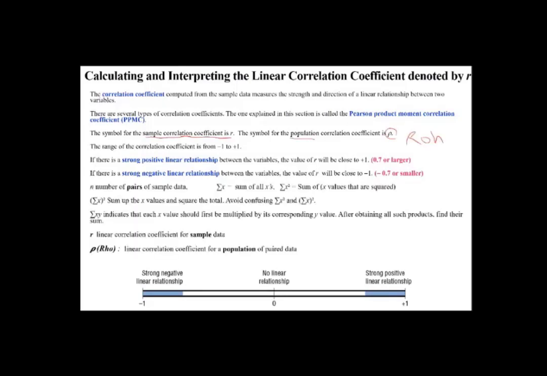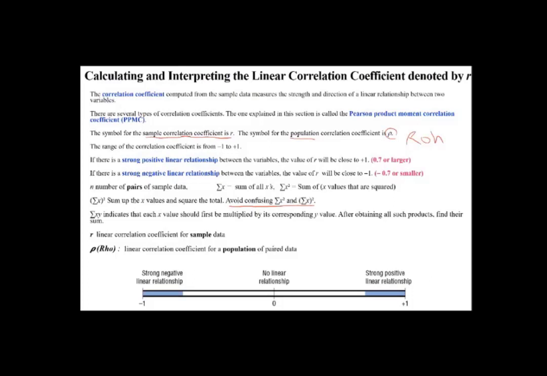These are just symbols. n is the number of pairs, summation of x is the summation of all x's, summation of x squared is the sum of x values that are squared, summation of x quantity squared means add them up and then square. We definitely want to avoid confusing these two, because I've seen that sometimes students don't distinguish between the two, okay?